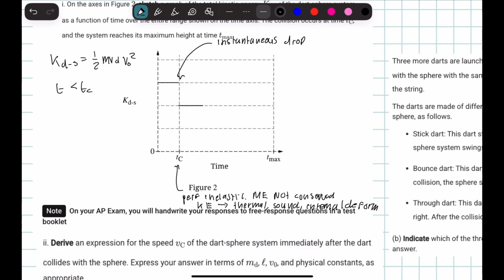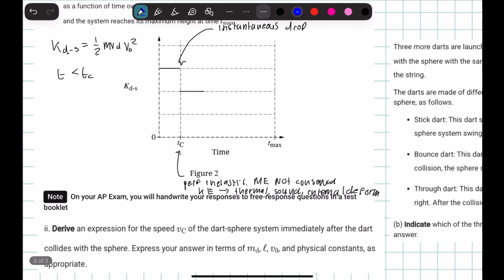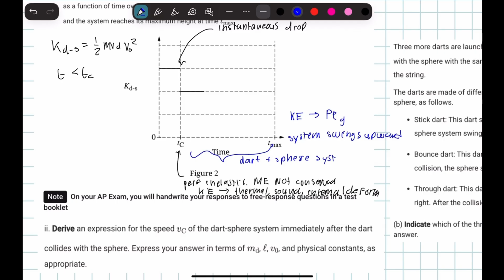This is when the dart and the sphere move together as a single system, the dart plus the sphere system. This is also when the system swings upward, and the kinetic energy is converted into gravitational potential energy, and no further energy loss is assumed after the collision.